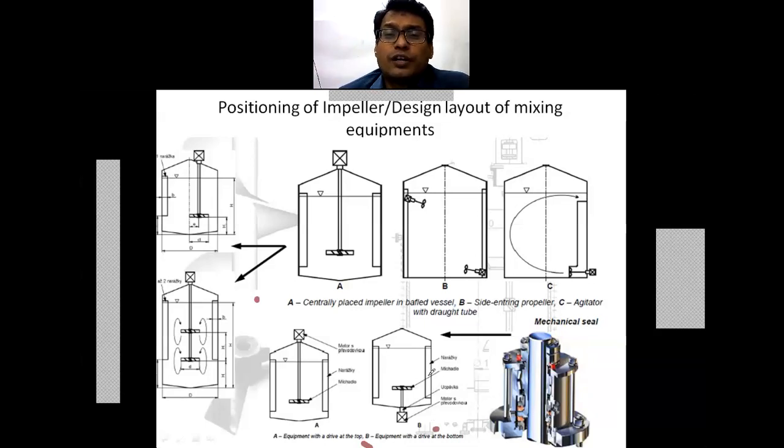In hand blenders, it is a top entry, and we try to put it in the center generally, but it is not exactly possible to hold the hand blender in a centrally situated position, so it can be off-center also. Again, that depends on the power consumption.